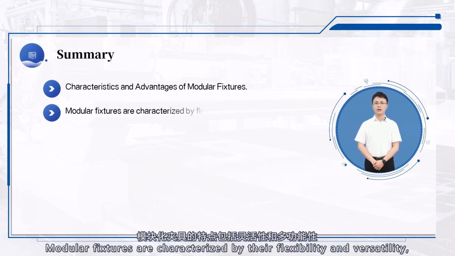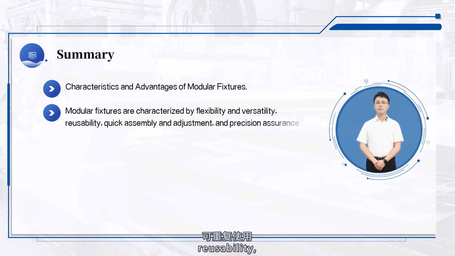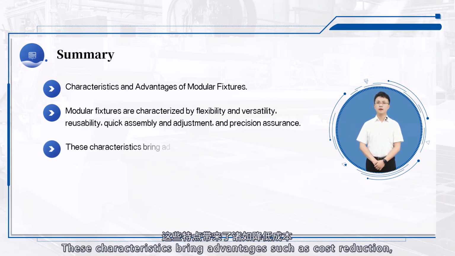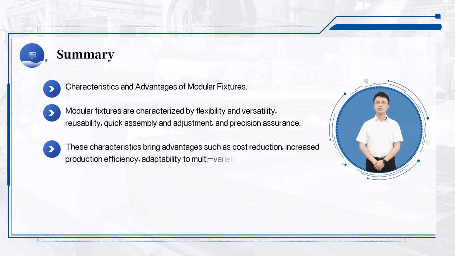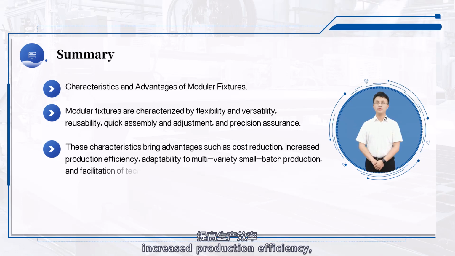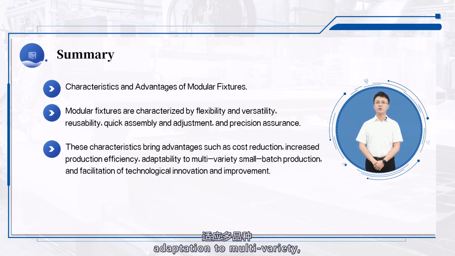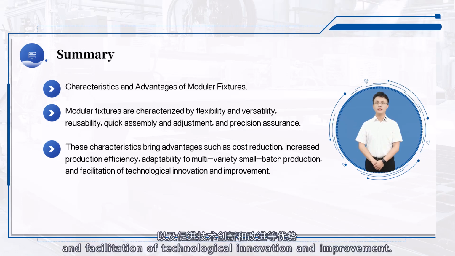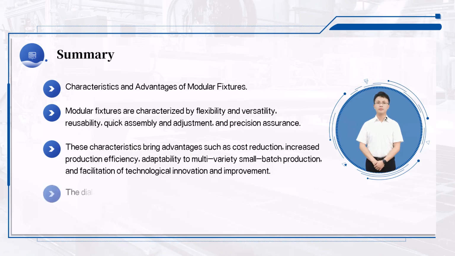In this lesson, we have discussed in detail the characteristics and advantages of modular fixtures. Modular fixtures are characterized by their flexibility and versatility, reusability, quick assembly and adjustment, and precision assurance. These characteristics bring advantages such as cost reduction, increased production efficiency, adaptation to multi-variety, small batch production, and the facilitation of technological innovation and improvement.